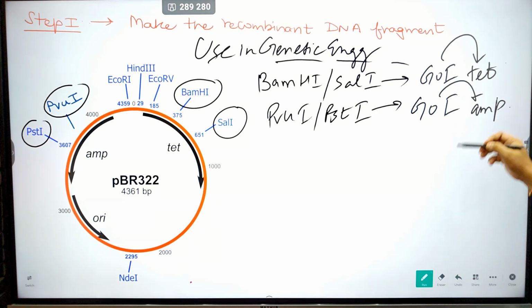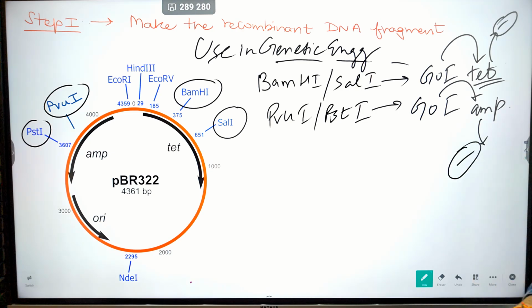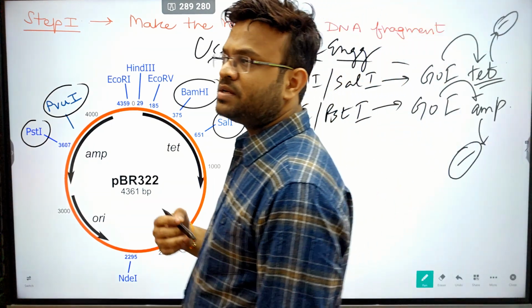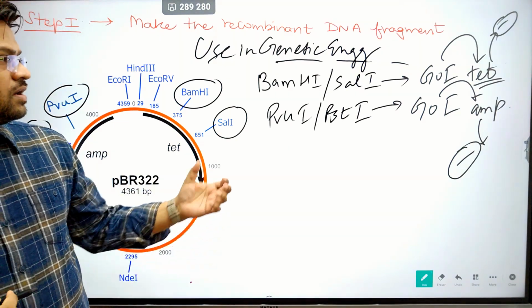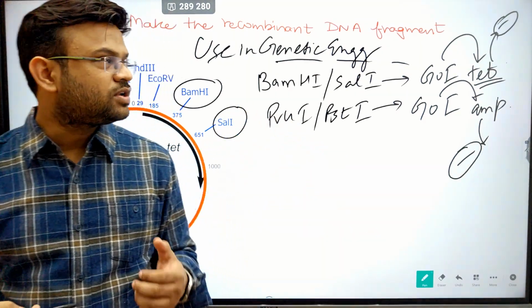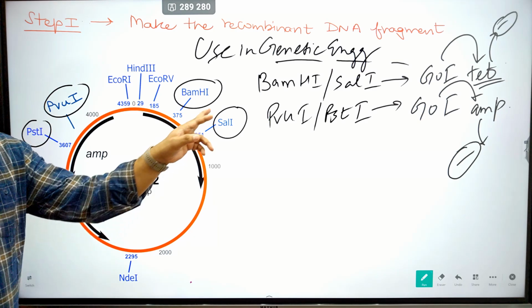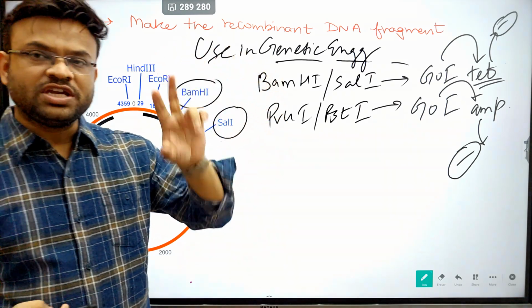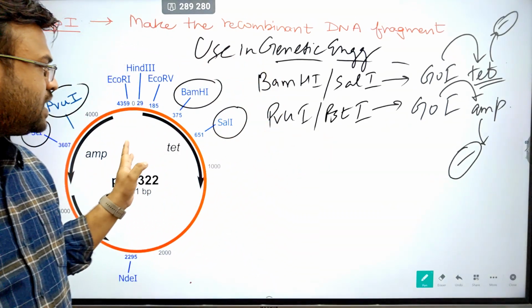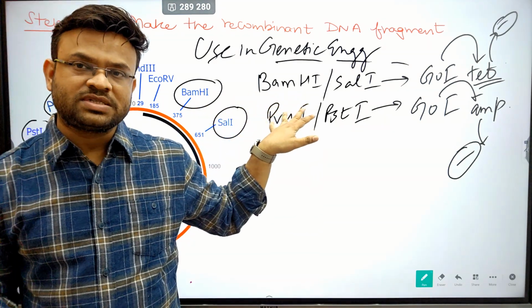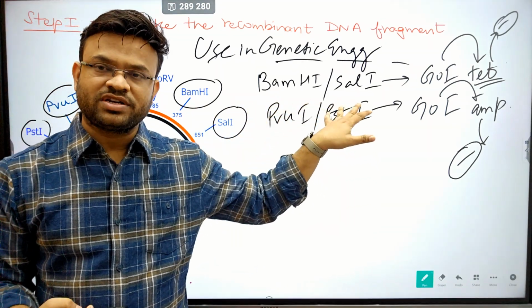In both cases, the tetracycline resistance gene will be inactivated in the first case, and the ampicillin resistance gene will become inactivated in the second. Suffice to say that in both these situations, you have to remember that you have to cut the gene of interest as well as the vector both with the same type of restriction enzyme.